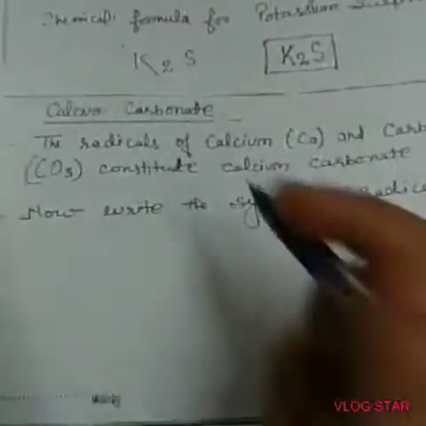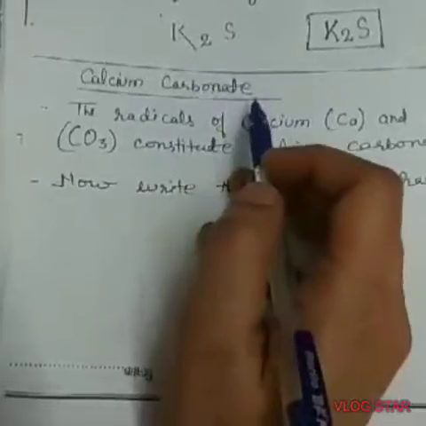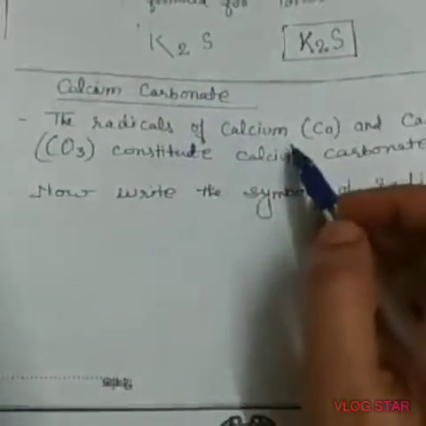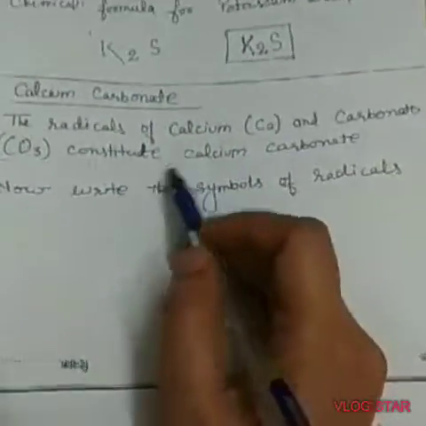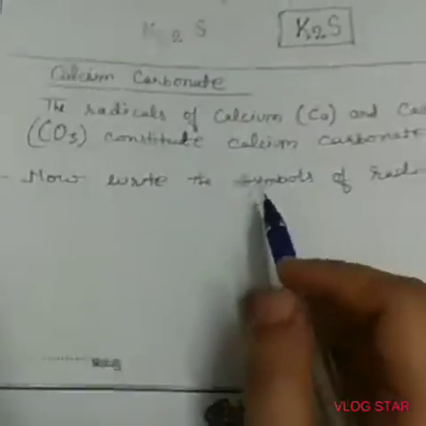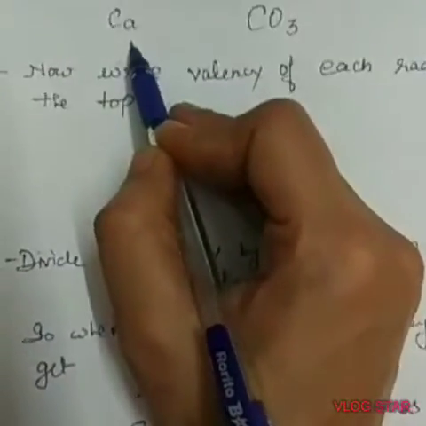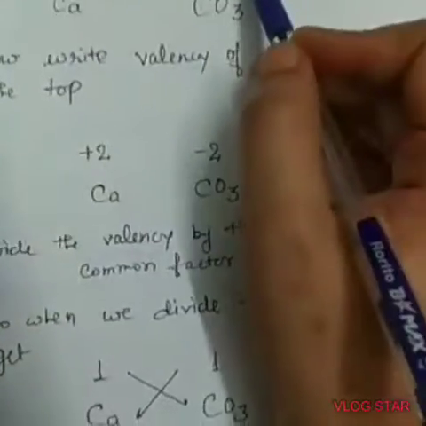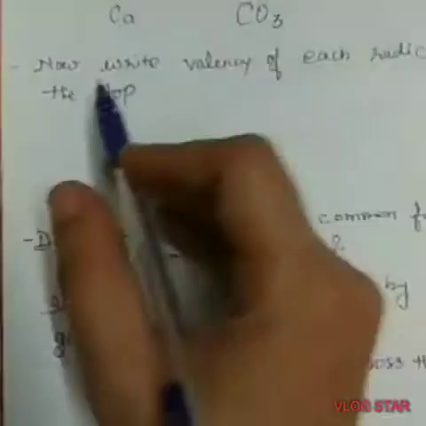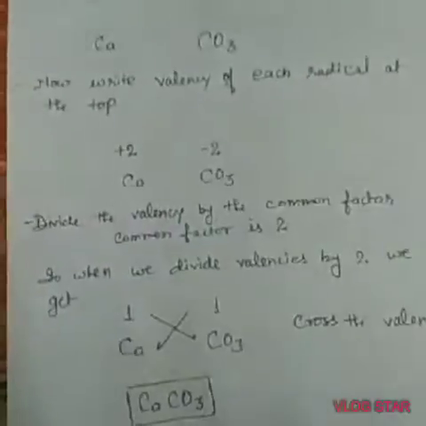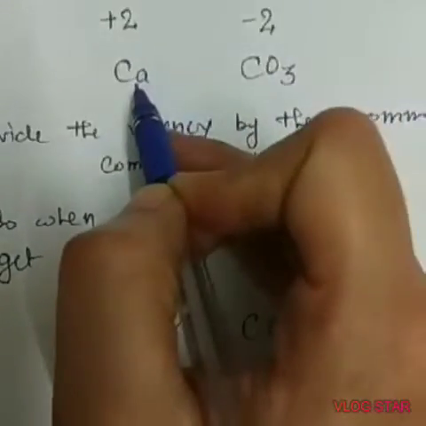Got it? Next example, calcium carbonate. The radicals calcium and carbonate constitute calcium carbonate. Now write the symbols of the radicals: the symbol of calcium is Ca and of carbonate is CO3. Now write the valencies of each radical at the top.